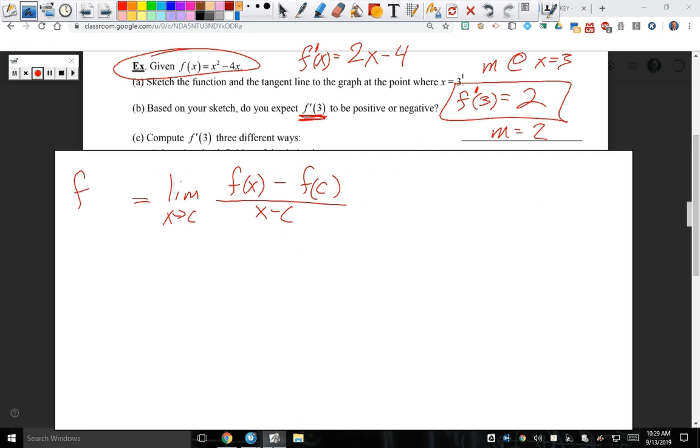This is the derivative of what? What goes here in this parentheses? C. This is the derivative at one x value. The other one that we did, it wasn't f prime of c, it was f prime of what? Of everything, f prime of x.